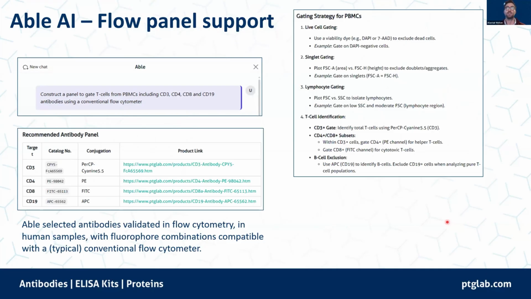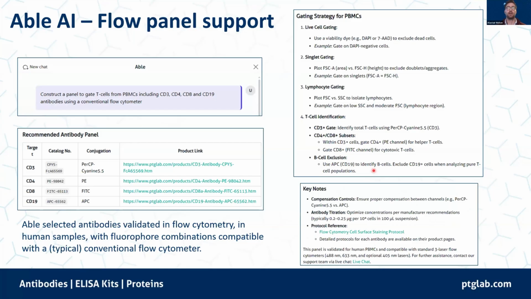It advised that I should be using some viability dye, which I'll detail in a few slides' time, how I might want to consider singlet gating, so that forward scatter area versus height we talked about earlier, how I might identify lymphocytes from my forward scatter and side scatter, and then some details as to the gating strategy I should employ on each of these four targets, including using CD19, which is a B cell marker, to exclude B cells from my downstream analysis as well.